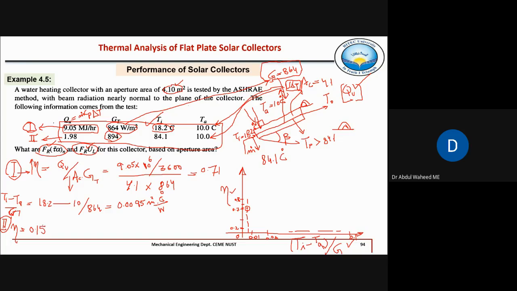For the first case, TI minus TA was very small, only 8 degrees, but here TI minus TA is 74 degrees. So that's why this U delta T term will be very high, and the heat gain is very small for this G, the available radiation. So that comes out to be 0.15. And corresponding to this, what was the heat loss parameter, Ti minus Ta divided by G? That is 0.083.